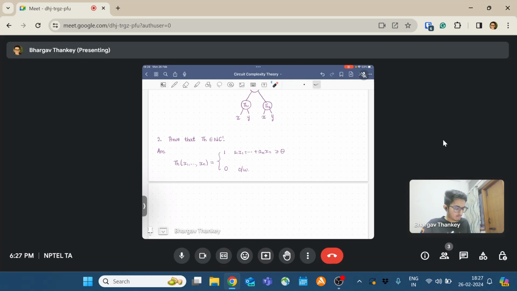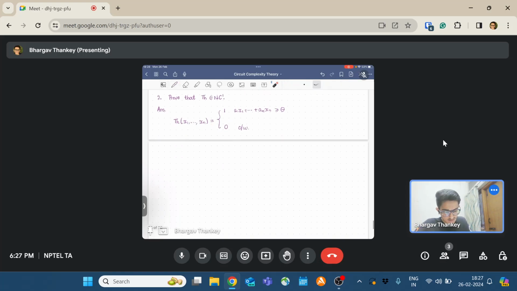First, we want to compute the sum in NC1. We saw something in class related to computing this sum.